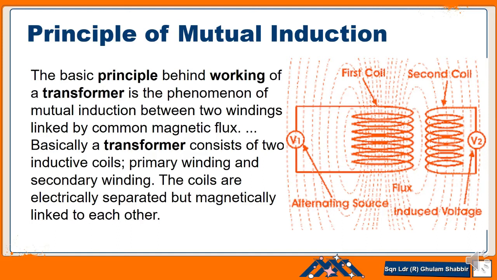They are not touching each other physically or electrically, but the magnetic field is common. Both coils share the same magnetic field. So when there is a change of current in the primary coil, there is a change in the magnetic field, and this change is also shared by the secondary coil. The change of magnetic flux in the secondary coil induces an EMF according to Faraday's law of electromagnetic induction.